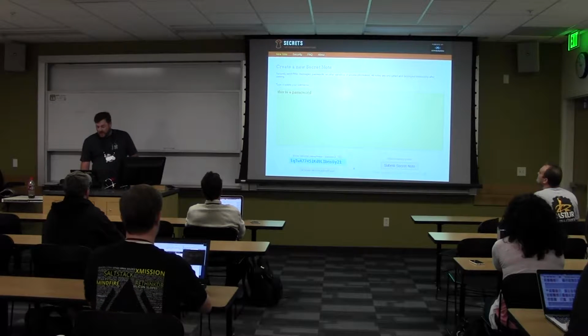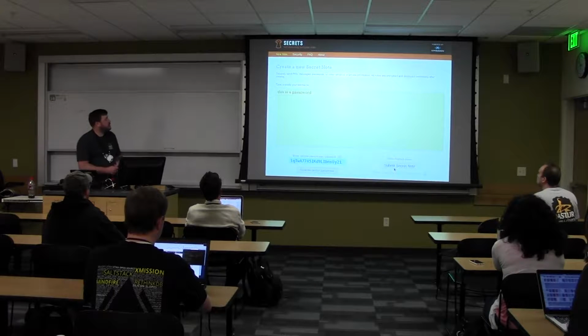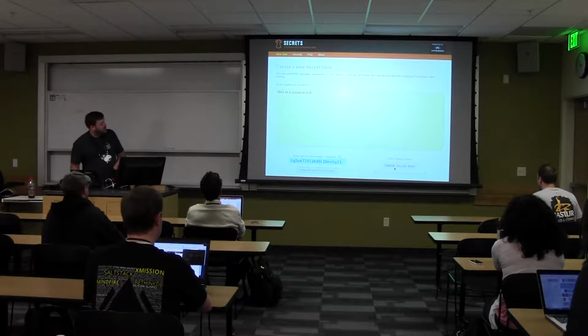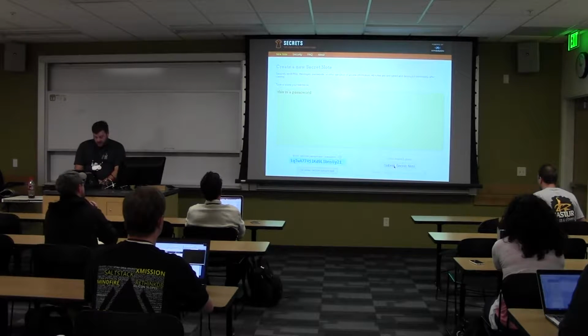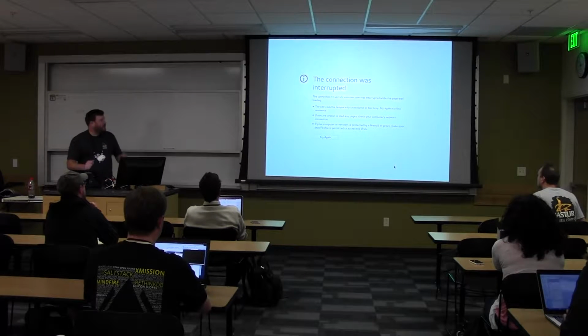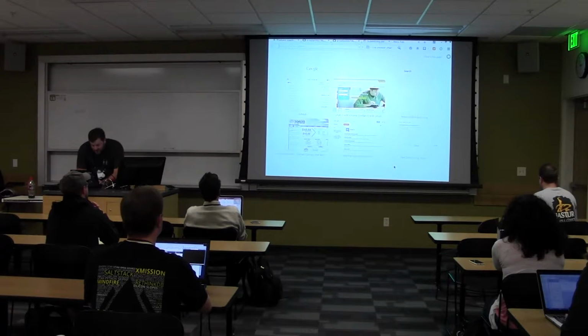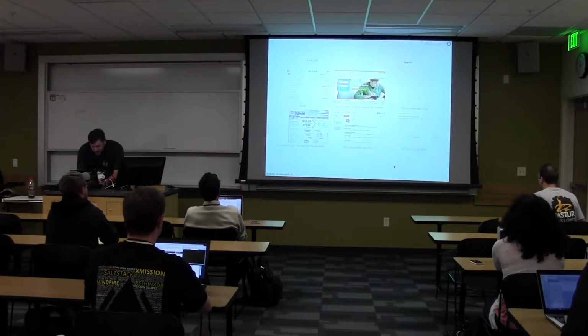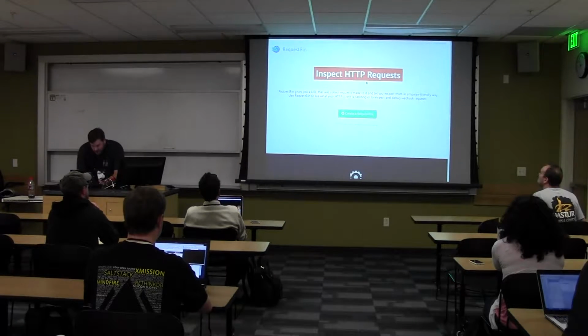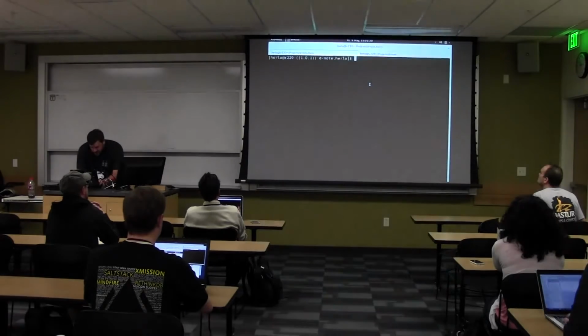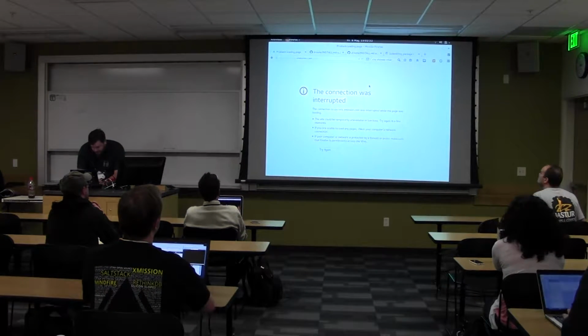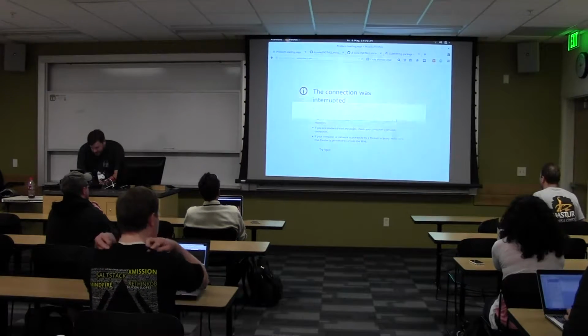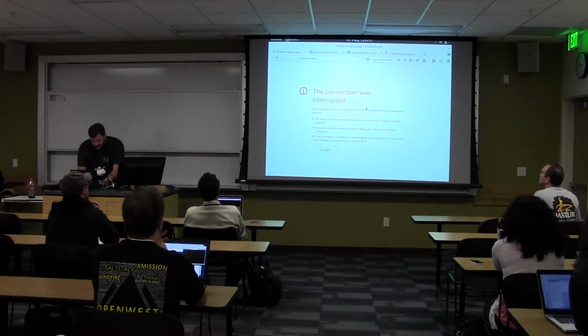So for instance, I'm going to go ahead and submit this. Hopefully it goes out to Xmission, because I did do this earlier, and maybe it's not going to work. Oh, there it goes. It might be that... let's see. No, it works there. So why was the connection interrupted? Let's try it again. Yeah, that's weird.